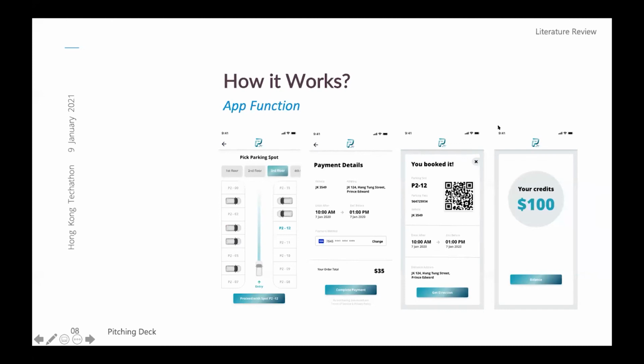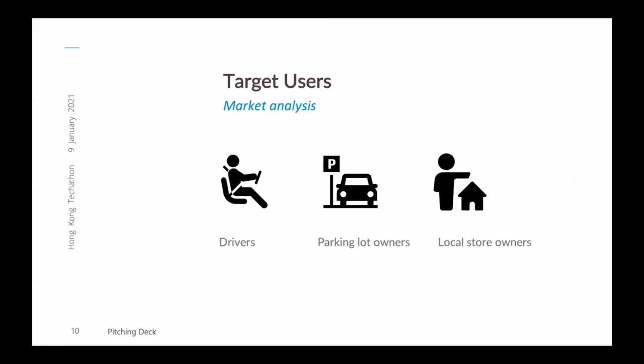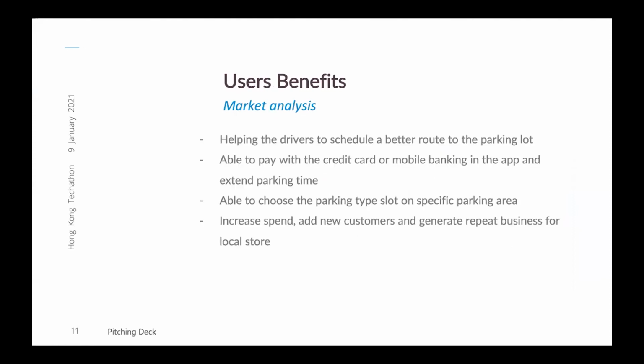On the right-hand side, the credit feature works like this: when users spend some money in a local store on the street, they can earn parking credit, and the parking credit can be used in this app to park their car. The target users are the drivers, the parking lot owners, and the local store owners.